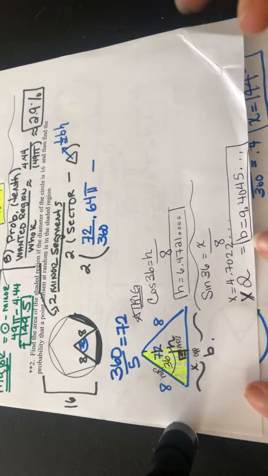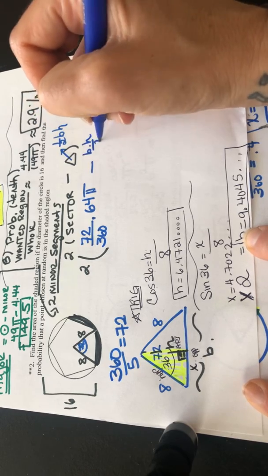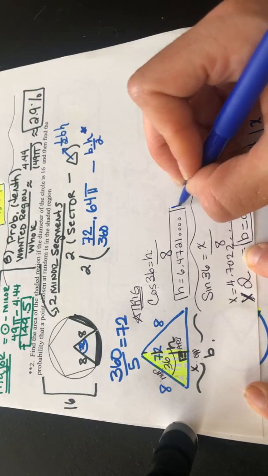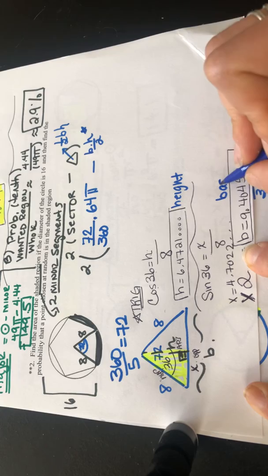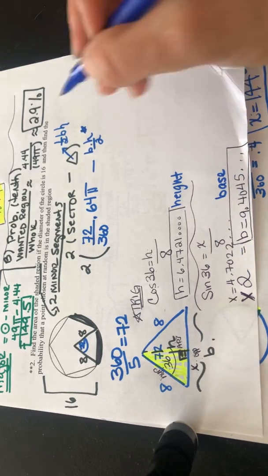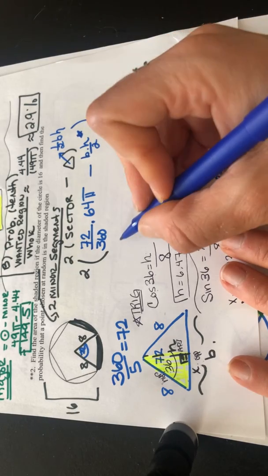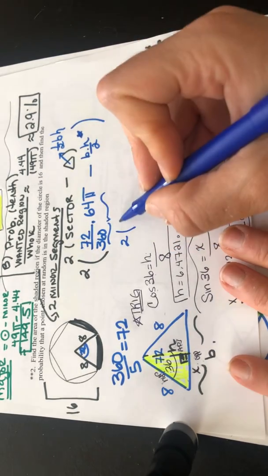Now, instead of me putting that up here, I'm just going to write base times height over 2. And I'll put a little asterisk, a little star. So here is my height. And here is your base. Okay? Whew. All right. So when you put this in the calculator, again, I'm going to trail that 2. Again, one thing at a time, or put the whole thing in there.